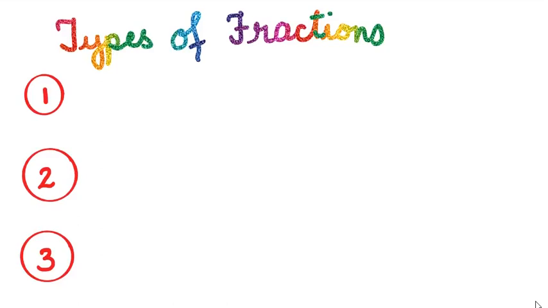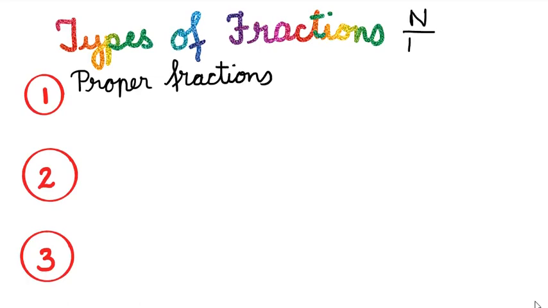So let us now study different types of fraction. Okay. So the first type of fraction is proper fractions. Okay. Now we have already learned that the numbers in the form of numerator and denominator are called as fractions. Yes or no? So, if I take fraction for example, 3 upon 5. Here, our numerator is less than denominator.